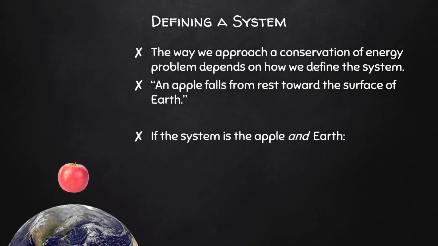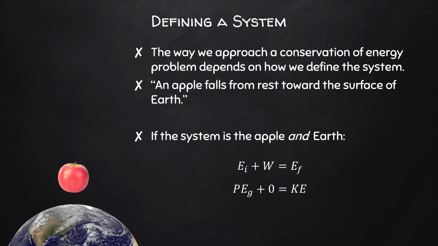Let's define the system as including the apple and the Earth. This time, the apple does start with gravitational potential energy because the Earth is part of the system and so is its gravitational field. In this case, there are no forces external to the system to do any work on the apple. Therefore, the work is 0.